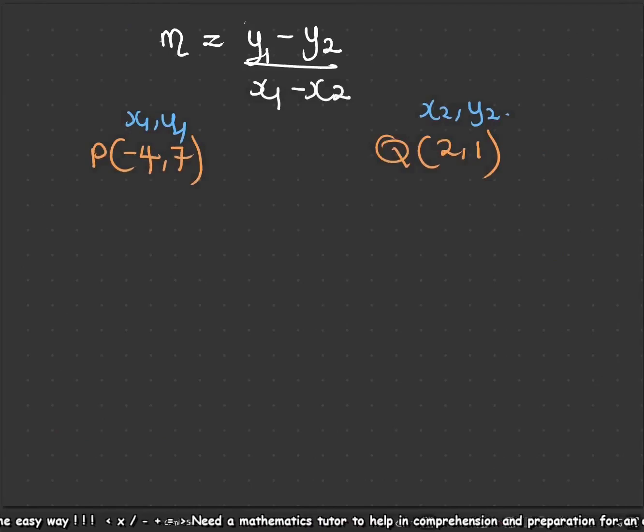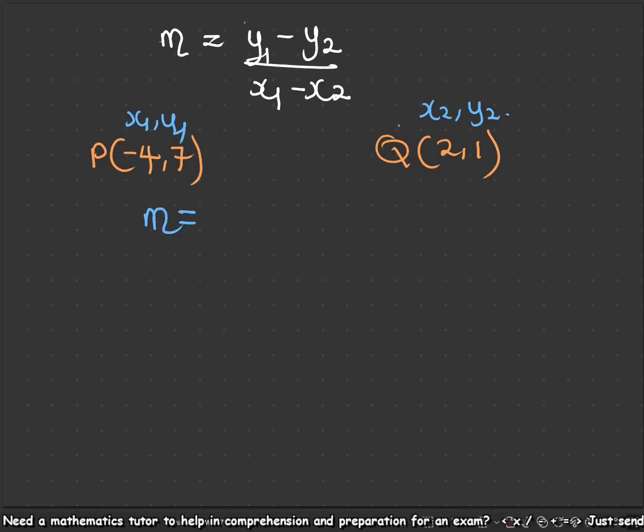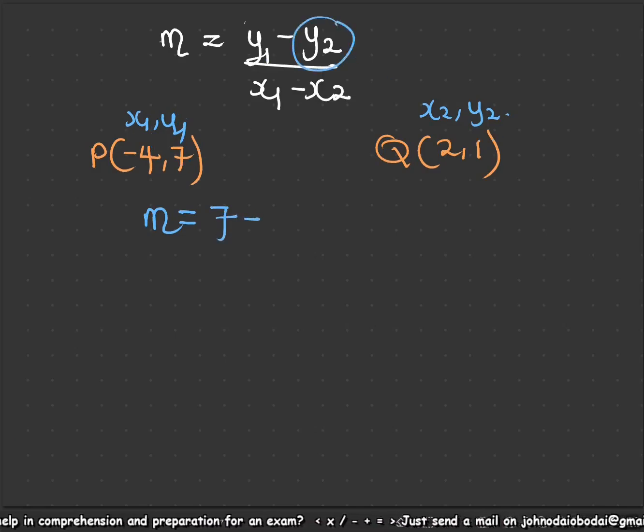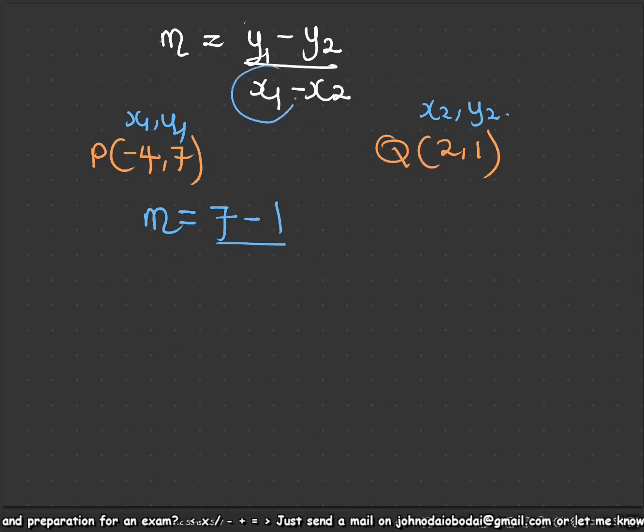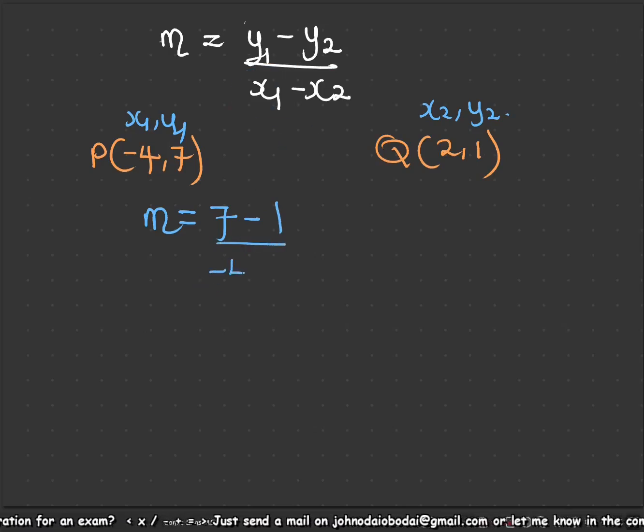Hence, substituting for our gradient, we are going to get our m being equal to y1. So y1 this time around is our 7. So 7 minus your y2, which is 1 over here, all over x1, which is -4, then minus your 2.